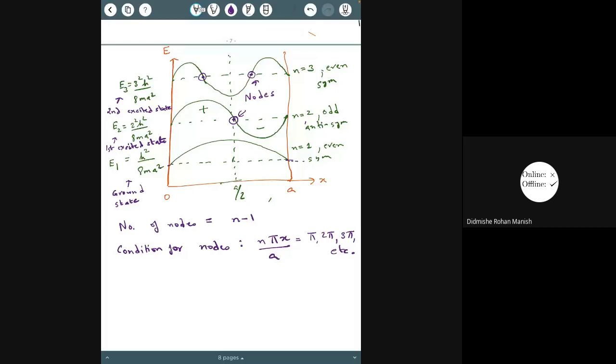And if you want to find the condition for maxima or minima, then you have to take n pi x by a equal to pi by 2, 3 pi by 2, 5 pi by 2, etc. So this is about the wave function.